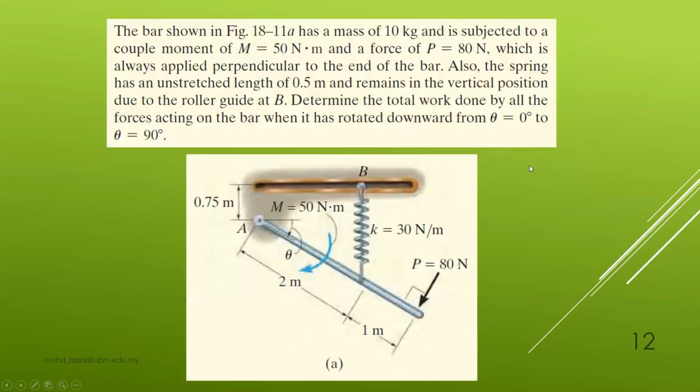Let's look into one particular example with this figure down here. The bar shown in the figure below has a mass of 10 kg and is subjected to a couple moment of M equal to 50 Newton meter.